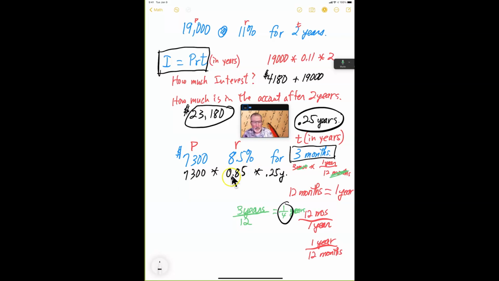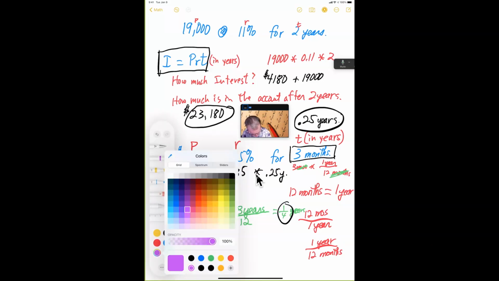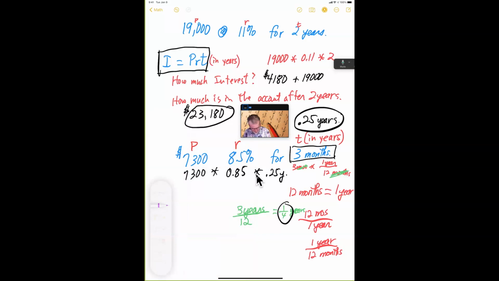But since we're able to use calculators, I think we should just stack up the numbers. And so what I get for the interest is 1,551 and 25 cents. So this is our interest.